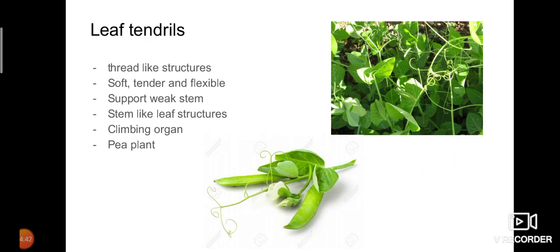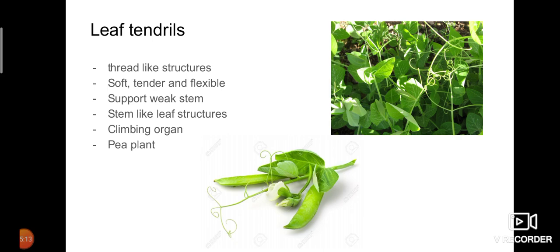The next one is leaf tendrils. What do you mean by tendrils? Tendrils are thread-like structures. In some plants, the leaves are modified into thread-like structures, and they are called tendrils.